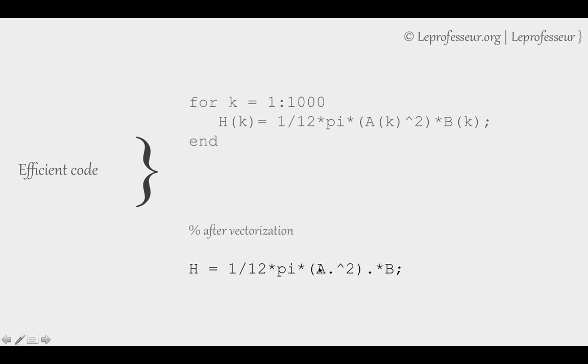If we take the element-wise power of each element of A and then multiply each element of the resultant matrix by each element of B, we get H after multiplying by the scalar. So we converted this for loop to a simple matrix equation. We're done. That would be efficient code, rather than executing the for loop.